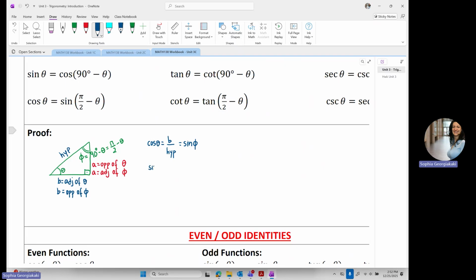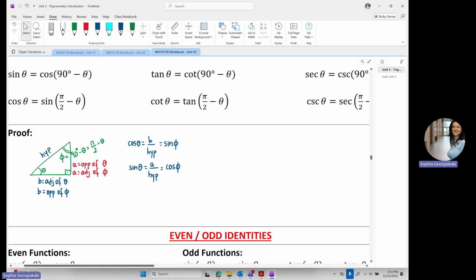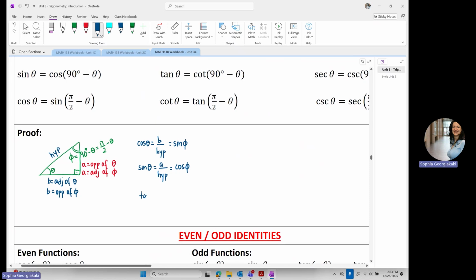And the sine of theta, which is the opposite of theta, A, divided by the hypotenuse, will be the cosine of phi, because A is the adjacent of phi. And the tangent of theta, which will be the opposite of theta, A, divided by the adjacent of theta, B, will actually be the cotangent of phi, because A over B for phi is adjacent over opposite.